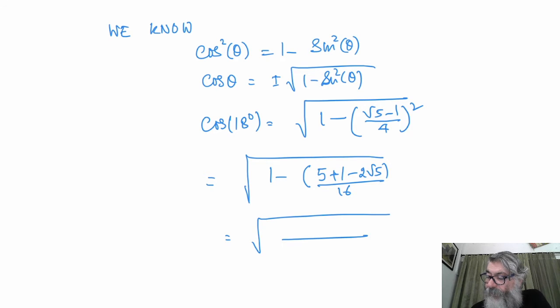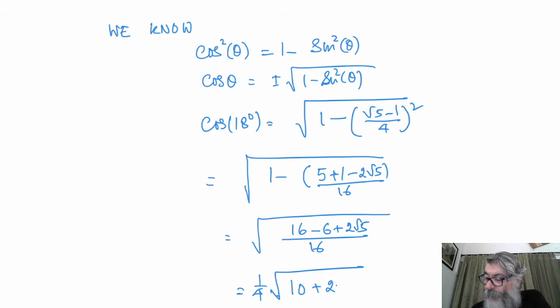You will take 16, so 16 minus 6 plus 2 root 5, that will become 1 upon 4 will come outside. 16 minus 6 is 10 plus 2 root 5. So this is the value of cos 18. Cos 18 is under root 10 plus 2 root 5 upon 4.